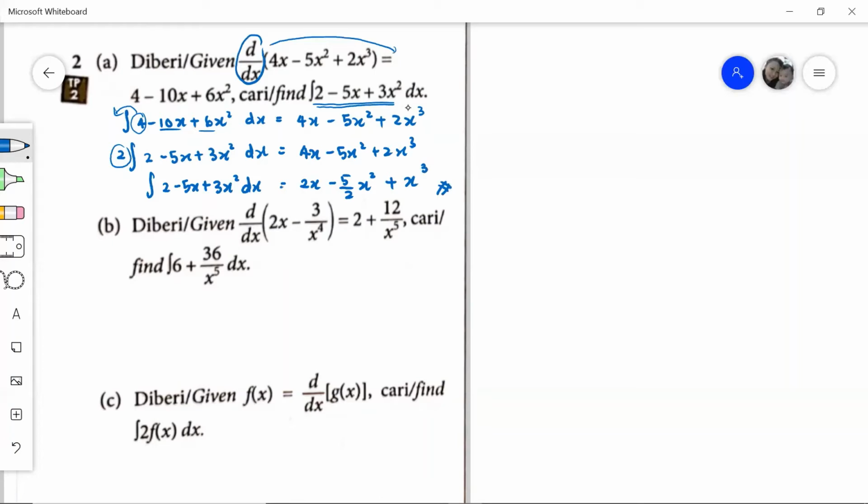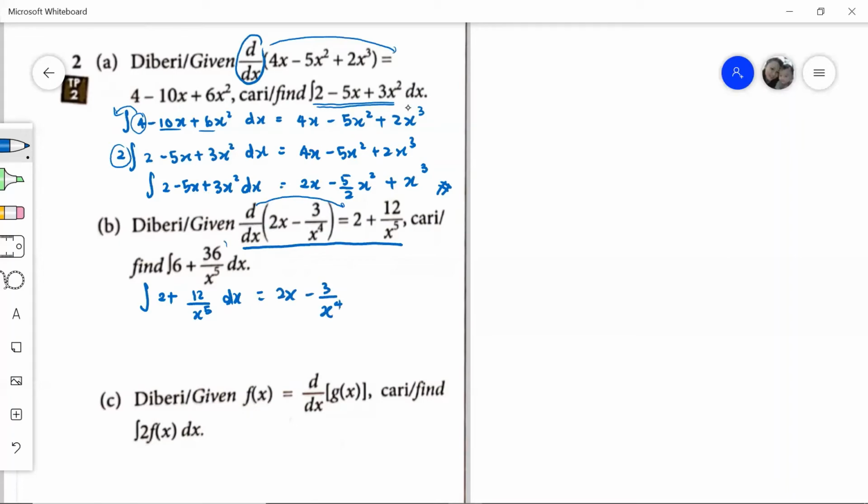Next, given that the differentiation of this equals that, we need to find this one. So let's rewrite this to the other side first. We will have the integration of 2 plus 12x to the power of 5 with respect to x equals 2x minus 3 over x to the power of 4.